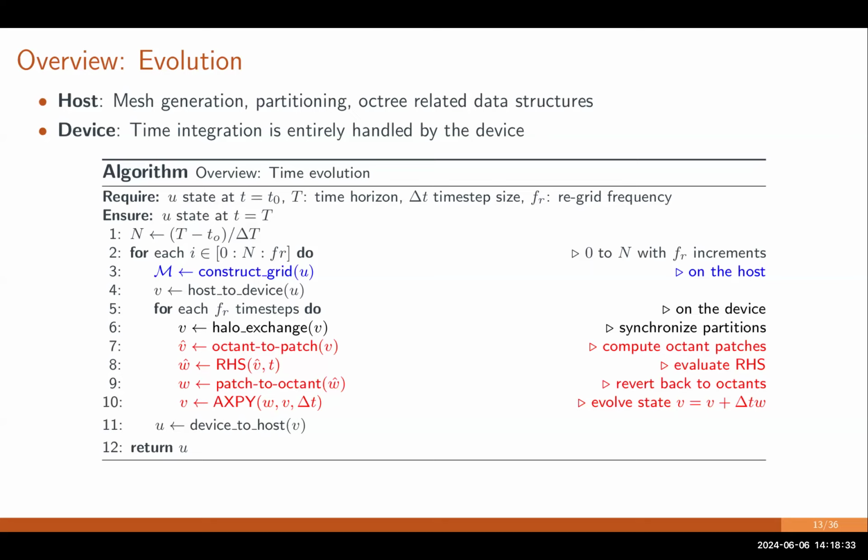I've highlighted in red the computations that execute on the device, or the GPU. We have this octant to patch, the process I described, going from the octant representation to the patch representation. Then we evaluate the right hand side of the PDE system, and once the right hand side is evaluated, we switch back to the octant representation and go to the next update.